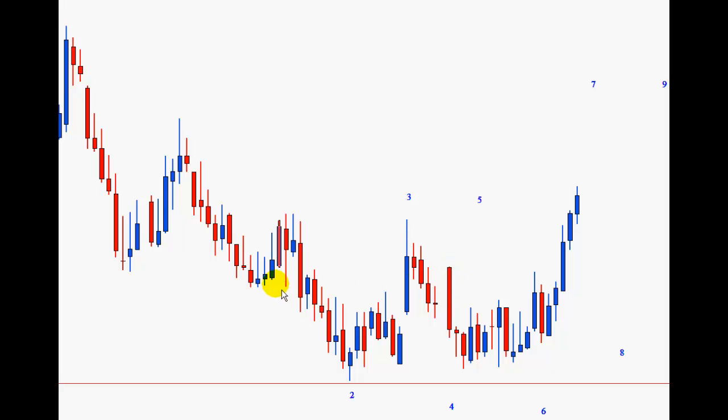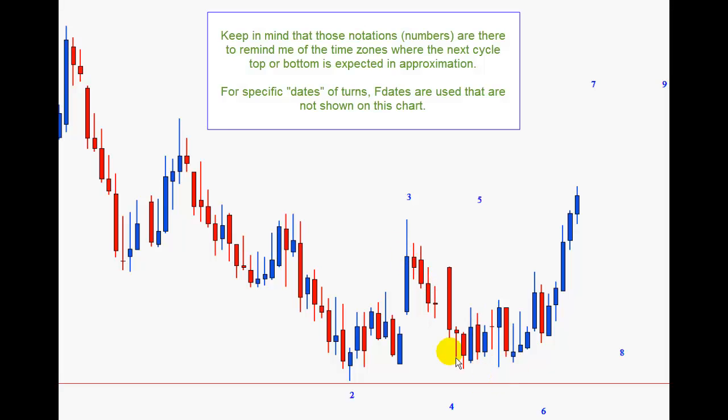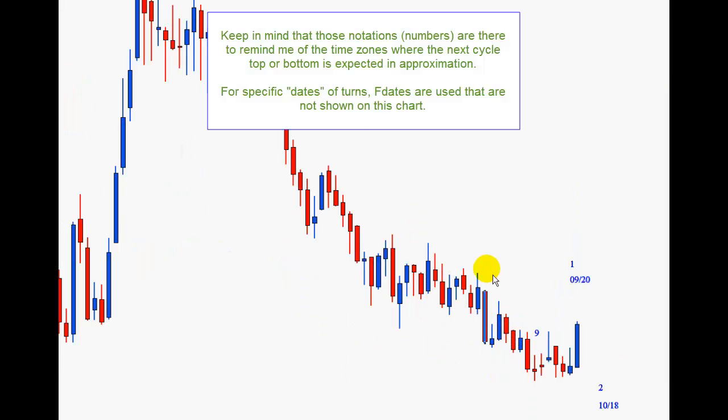So the point to be drawn out of this, as usual, is the advantages of using cycle timing to anticipate the formation of tops and bottoms, and using time price squaring for your support and resistance. Now, if you want to time to the very day, that takes a little bit more precision than what I've posted here, and that's where we use F dates, for example, and that's to get the short-term little tops and bottoms here and here, as well as if we do the weekly chart, getting these weekly tops and bottoms on the weekly as well.